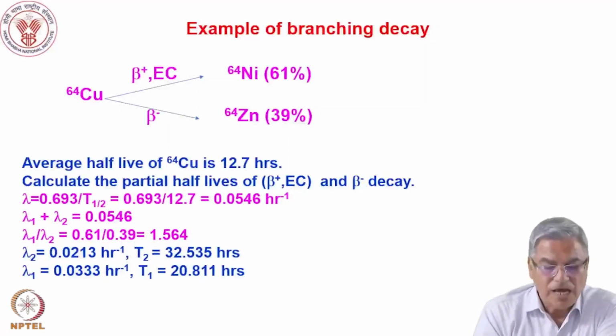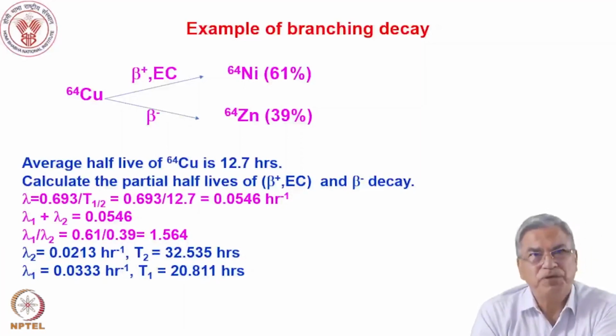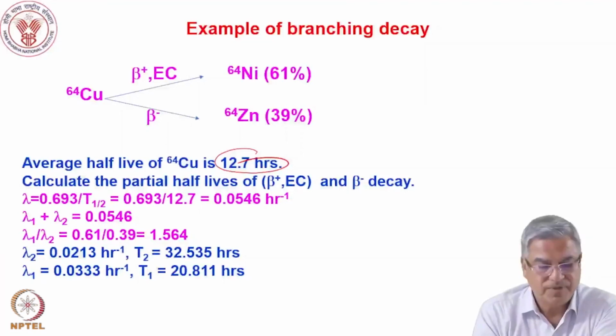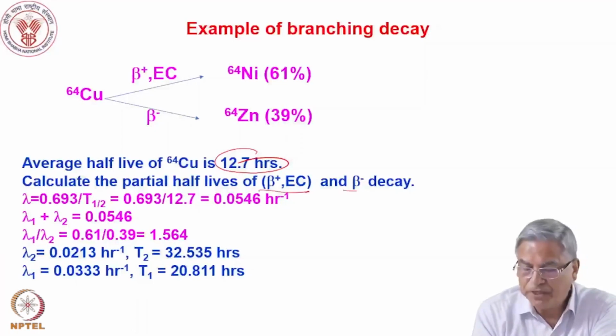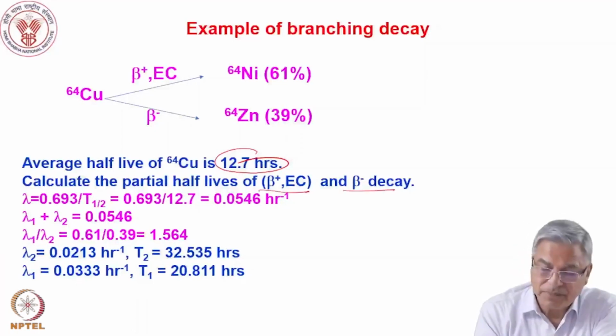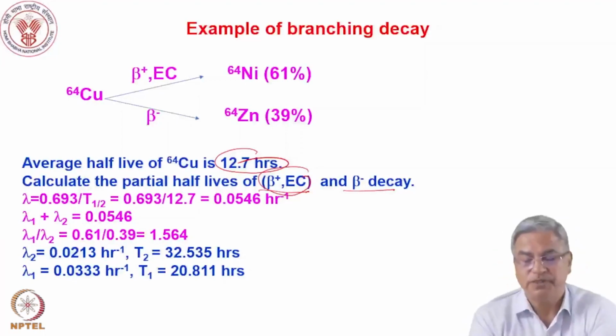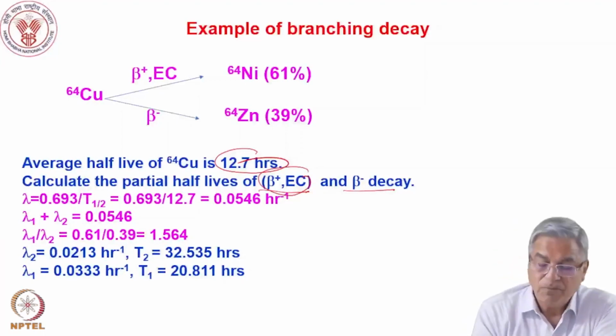Now the average half-life: when you measure the half-life of copper 64, you get 12.7 hours. But when you calculate the partial half-life of copper 64 for beta plus decay or beta minus decay, I am writing here beta plus comma electron capture, that we will discuss in nuclear decay data. But right now we will assume that this is one channel.